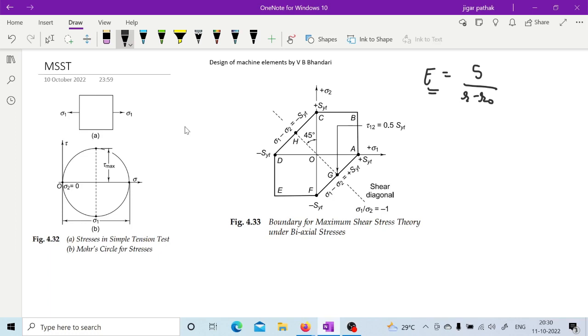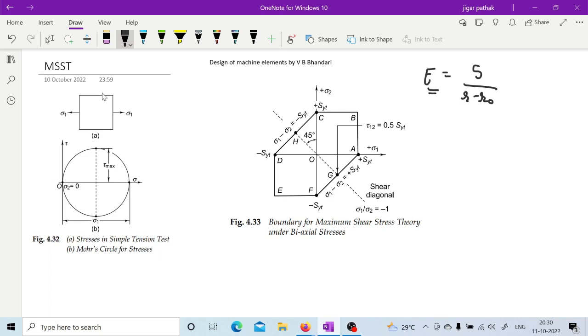Okay, sir. So here in maximum shear stress theory, as previously we have seen that in case of maximum principal stress theory, the failure is going to occur when that maximum principal stress is going to exceed the yield strength or that ultimate strength of a material which is under tension test, right? Then that failure will occur.